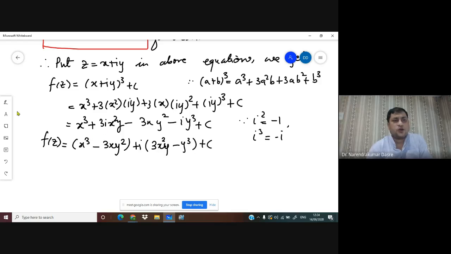And now we have to separate the real and imaginary parts. This is going to be the real part, and this is going to be the imaginary part.